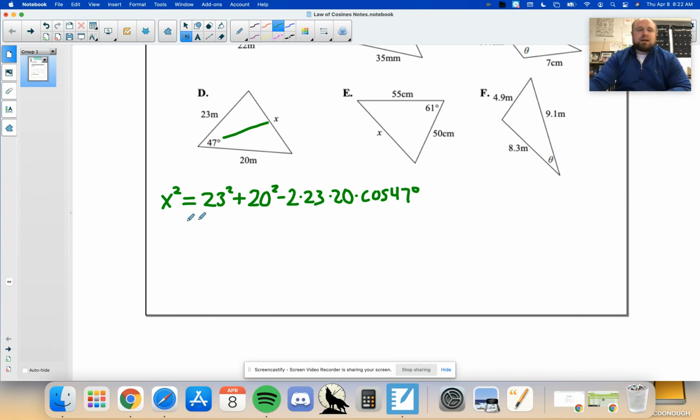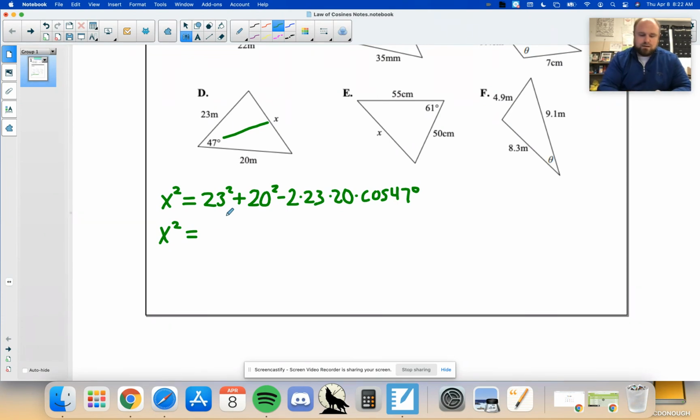Okay. And now exactly like I see it here is how I'm going to type it into my calculator. So I want to find x squared, because eventually I'm going to find x by taking the square root, but I don't need to do that right now. X squared equals, and I'm going to type it in exactly like I see it, number for number, operation by operation.